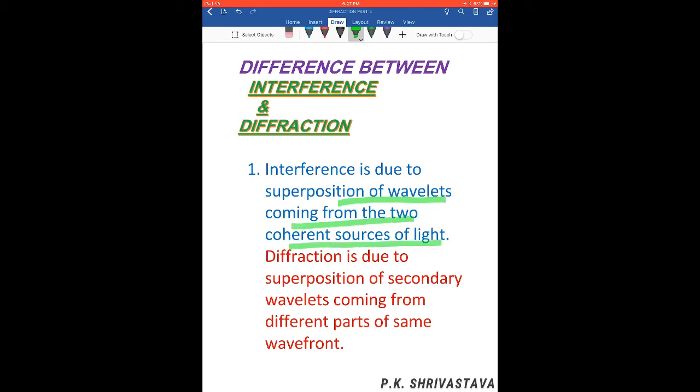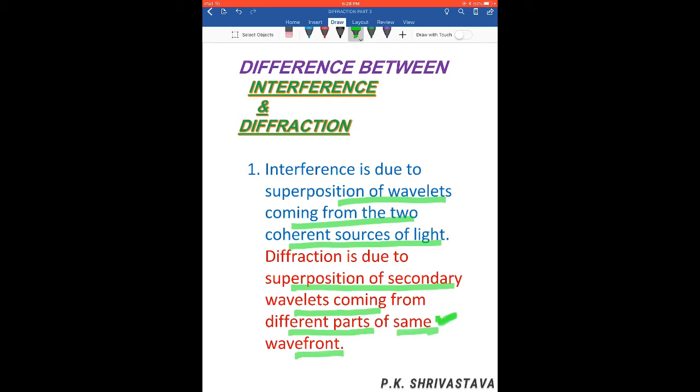In interference, there are two distinct coherent sources, and when wavelets from these two coherent sources travel in the same medium, then they superimpose one another and give rise to intensity variation known as interference pattern in the form of bright and dark bands, whereas diffraction is due to superposition of secondary wavelets coming from different parts of the same wavefront.